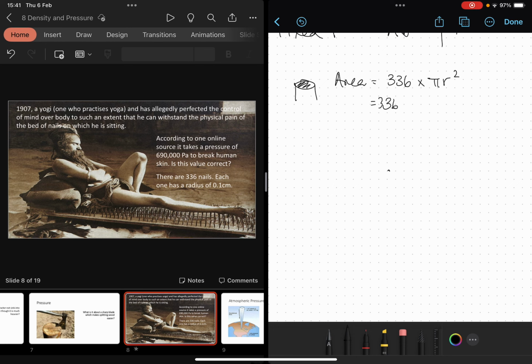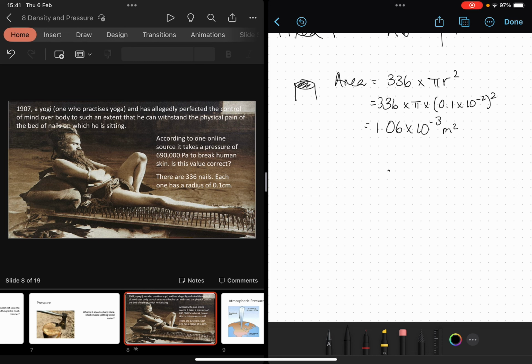So that's 336 lots of pi times radius 0.1, it's centimetres, squared. And if we calculate that, we get 1.06 times 10 to the minus 3 metres squared. You can check that you get the same outcome.